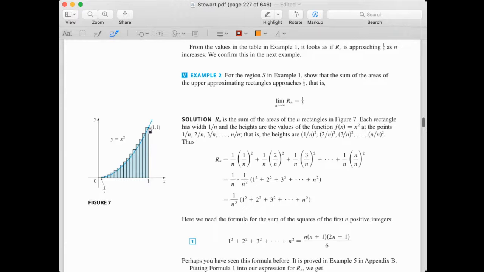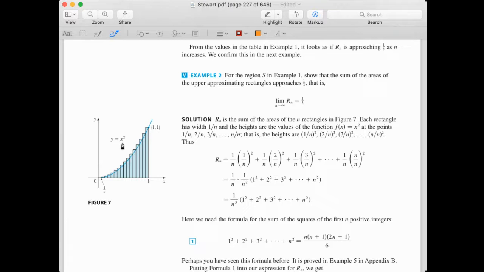So how do we calculate each rectangle? Let's take the right-hand side value, right? The first piece will be from 0 to 1/n. Then what's the y value? The y value would be f of 1/n, which is 1 over n squared.